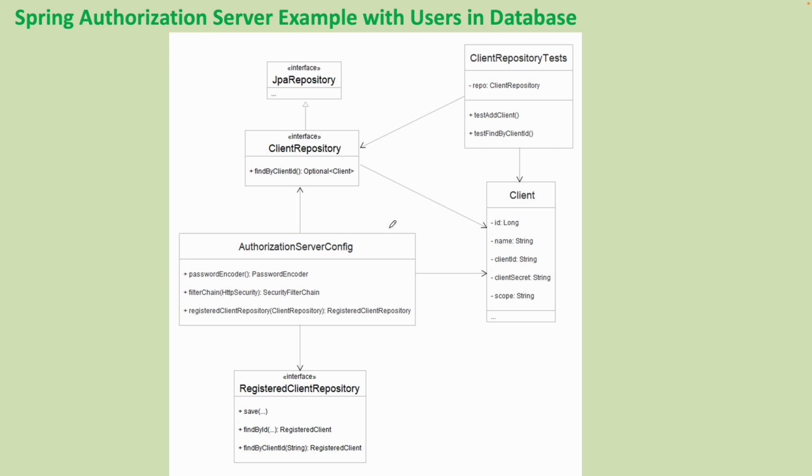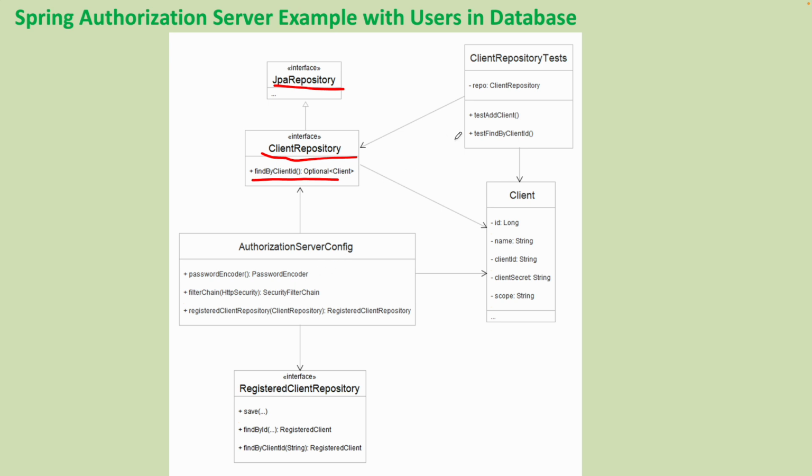And to use Spring Data JPA, we need to define a new interface, ClientRepository, that extends the JpaRepository interface provided by Spring Data JPA, and we declare the method findByClientId that will return a client details based on client ID. This method will be used by the authorization server in order to authenticate the clients.